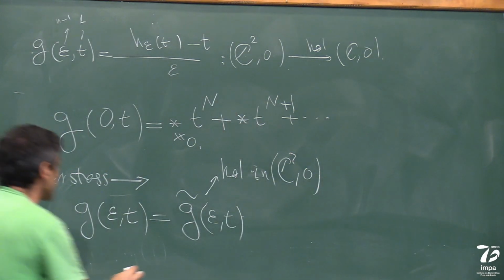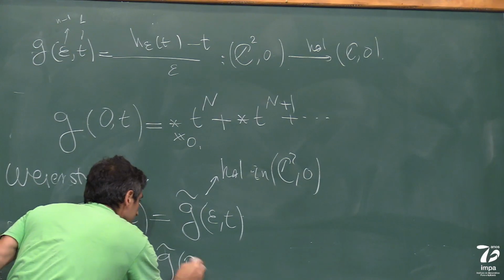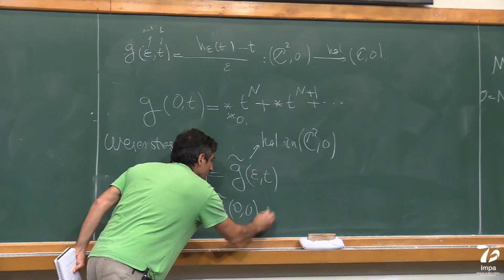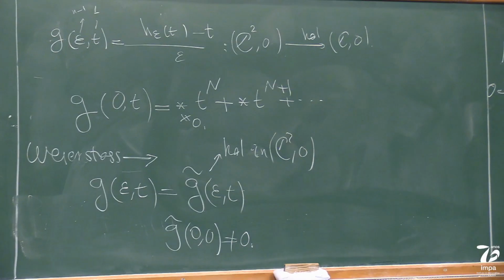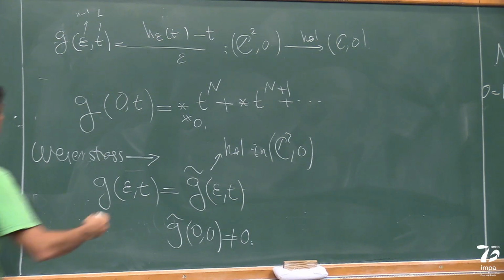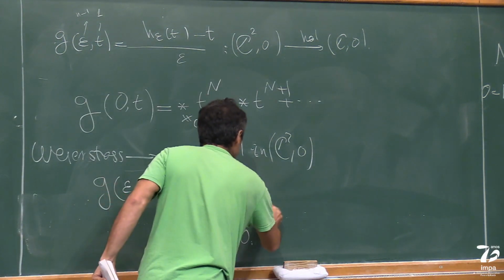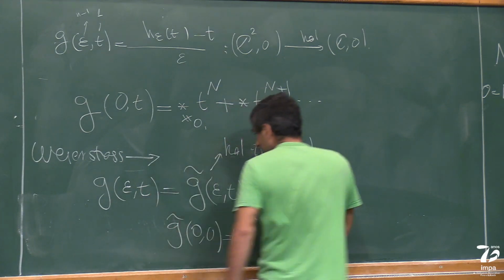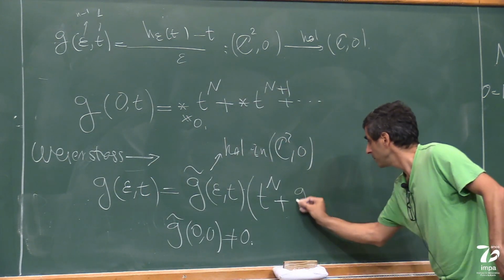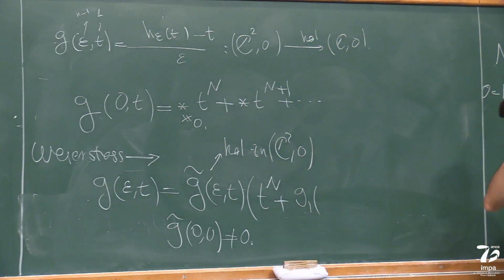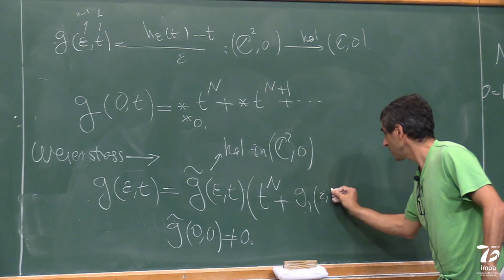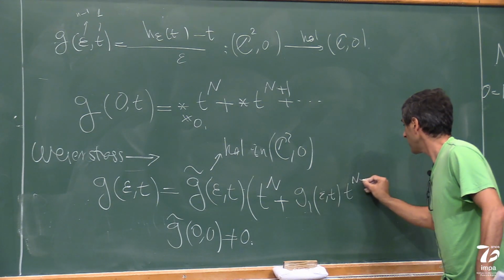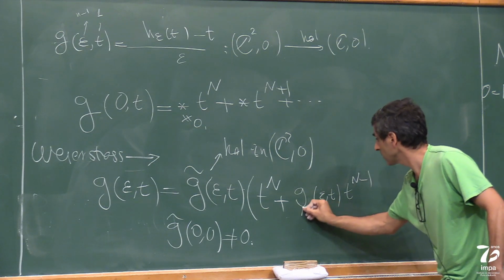This itself does not have a zero, so g tilde 0,0 is not 0. And then the rest will be a polynomial in t, so t to the n plus g1 epsilon t to the n minus 1.